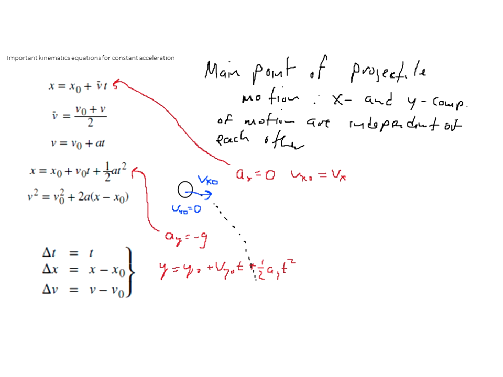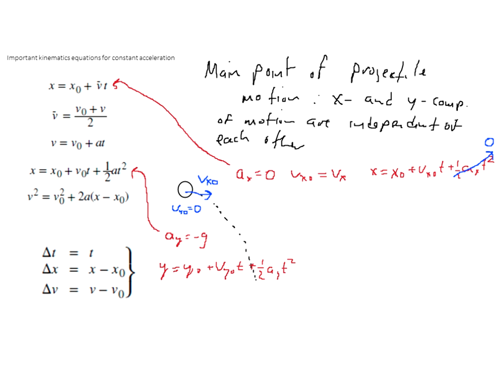Let's do the same thing here. x equals x0 plus vx0 t plus 1/2 ax t squared, but that equals 0.